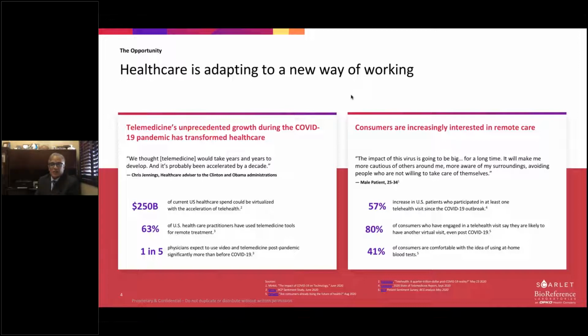There's been a 57% increase in US patients who participate in at least one telehealth visit since the COVID-19 outbreak. 80% of consumers who have engaged in a telehealth visit say they're likely to have another virtual visit, even post COVID-19. So we see these surveys and numbers continue to reinforce the growth in remote visits. And 41% of consumers are comfortable with the idea of using at-home blood tests.